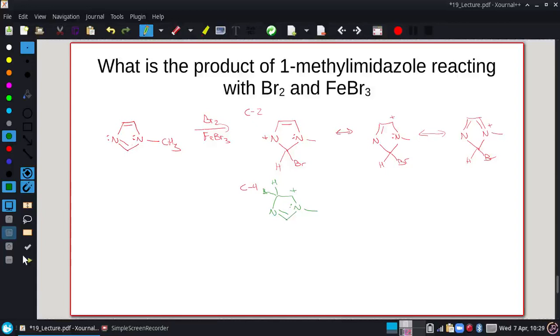And I can move this here, making that nitrogen positive. I can't really do anything else.